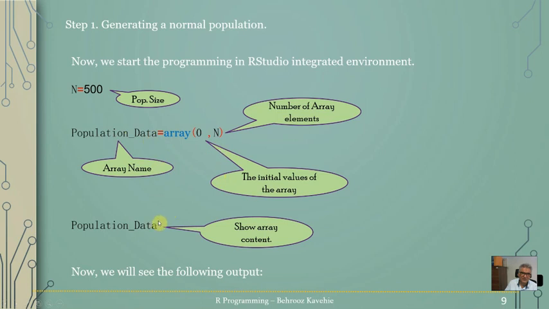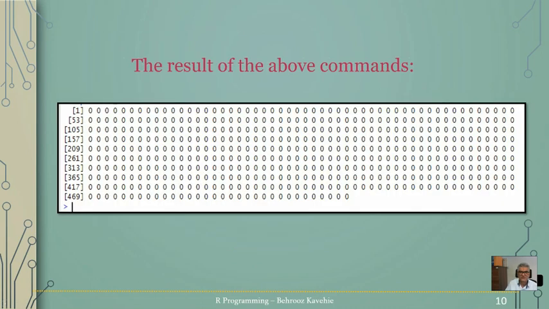We have the array name. The initial values of the array are 0 and it is going to have n number of elements inside of it. So I have 500 samples with the value of 0. Now if I run population data by just writing the name of the array and pressing enter, we should see the following results.